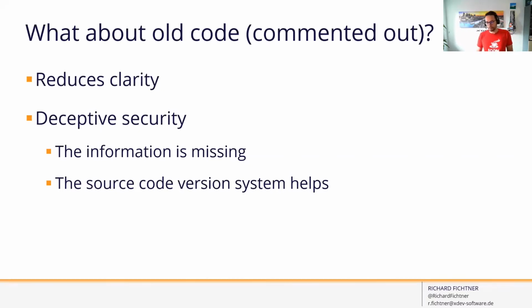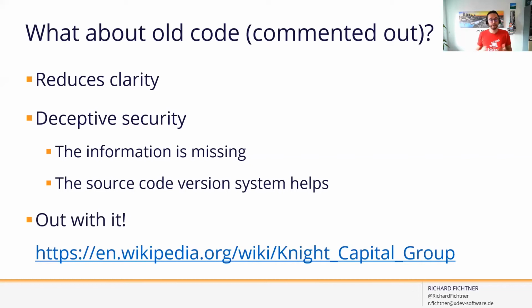Okay, so just out with it. And if you're not convinced by those arguments, just take a look at this Wikipedia page from the Knight Capital Group, which is really fun because they do trading, and somebody left in some code, and somebody else came along and commented it back in, even though the code changed for months or years, I don't know. But it's really easy to comment code back in when it's there.